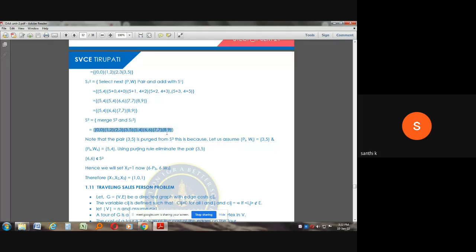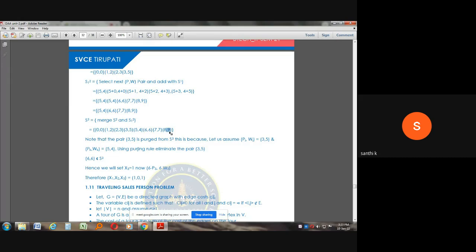If an ordered pair contains a weight more than the M value, we have to remove all such ordered pairs. If you take (8, 9), the W value is 9 and the M value is 6.